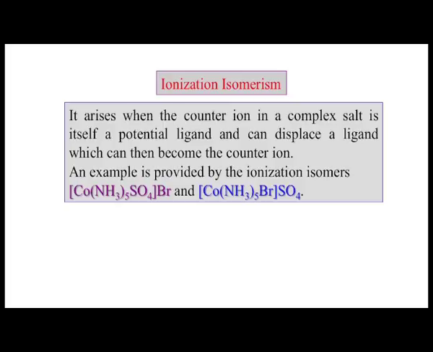If we add silver nitrate in the first case, silver bromide precipitates from the medium, and in the second case barium chloride can be added to separate out barium sulphate from the medium. Identification of either silver bromide or barium sulphate tells us that the bromide is outside the coordination sphere in one case and the sulphate is outside in the other, and these two examples having the same molecular formula lead us to ionization isomerism.